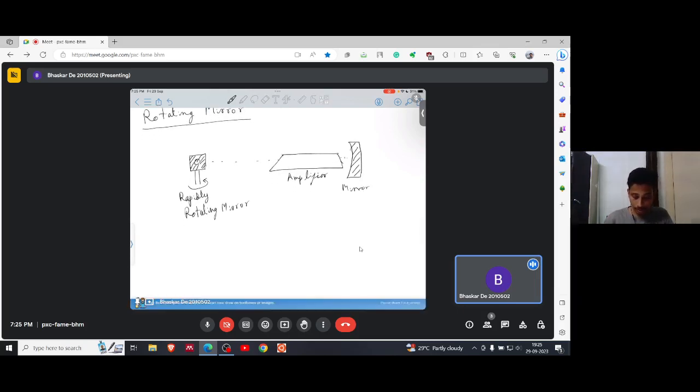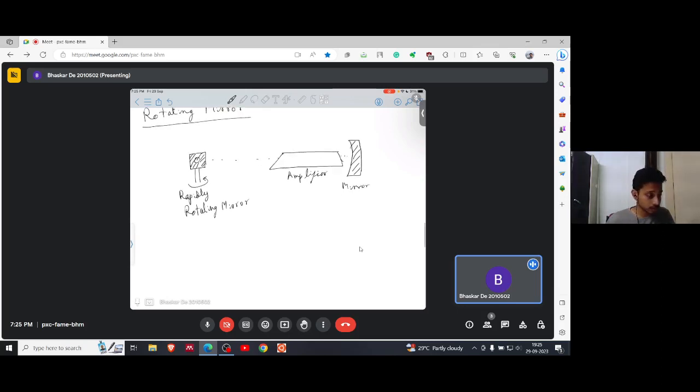Basically this mirror is continuously rotating, and every sixth of the rotation of the shaft, the mirror will be faced like this. So that will make this a cavity. This mirror will serve as a rear mirror of the laser cavity, and an output mirror would be located at the other end of the cavity.